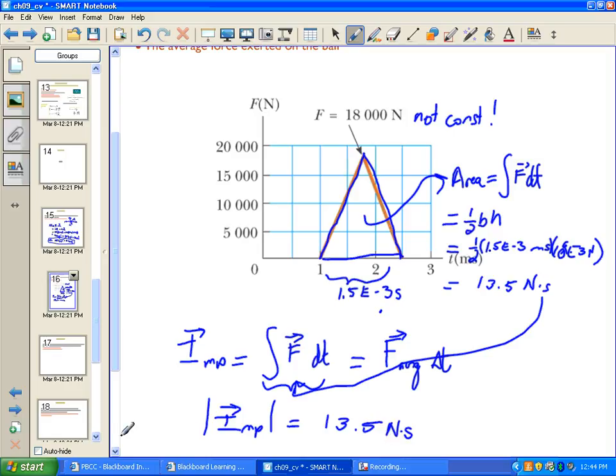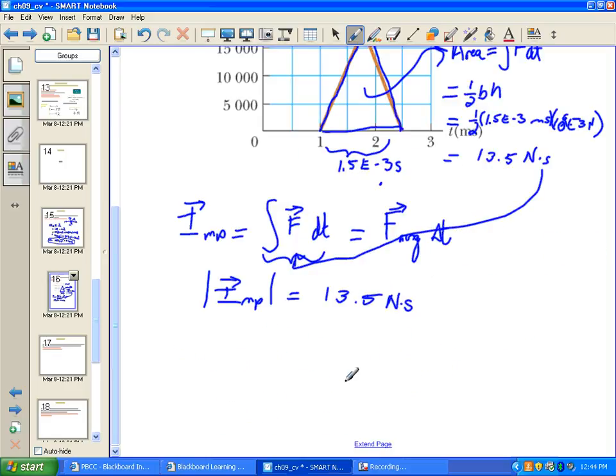For the next part of this problem, they ask us to determine the average force. And again, we're going to just work with the magnitude. But look here. We are told that the integral of f dt is equal to the product of the average force times the increment of time.